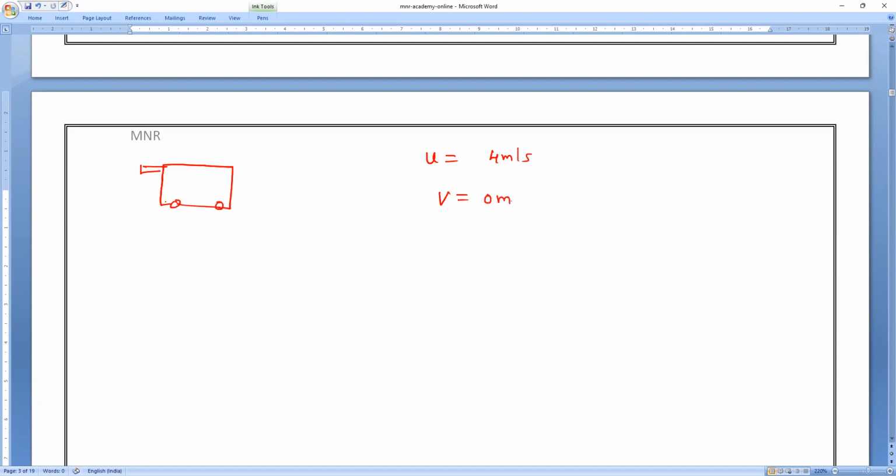Final velocity is 0. So the velocity is coming down. So negative acceleration or positive acceleration? Negative. Negative acceleration, that is what we call deceleration.